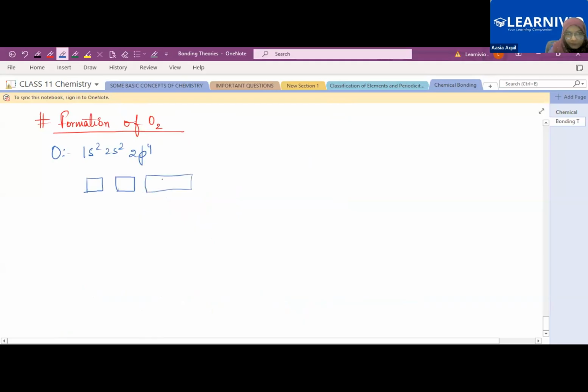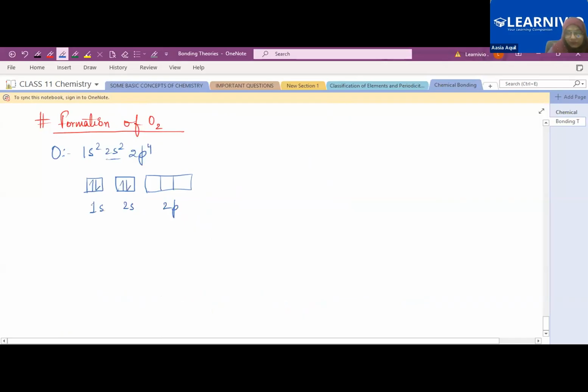You know very well, 2p has 3 orbitals, and S has only one orbital. In 1s, 2 electrons. In 2s, 2 electrons, right?